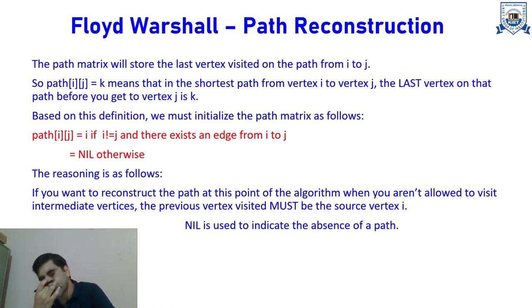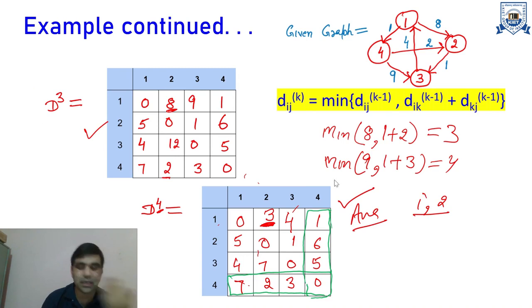The path matrix gives you the series of nodes which constitute the shortest path from the starting vertex to the end vertex. The distance matrix gives the cost of the shortest path, but the path matrix gives you the intermediate nodes which lie on that path.